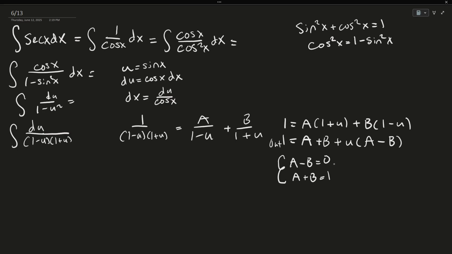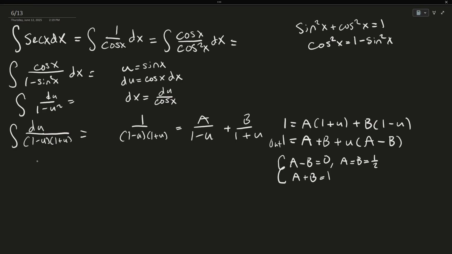So here we determine a is equal to b by adding b to both sides. And here we have a plus b equals 1. So since a equals b, this means 2a equals 1. So a equals 1/2. But since a equals b, this means a equals b equals 1/2.